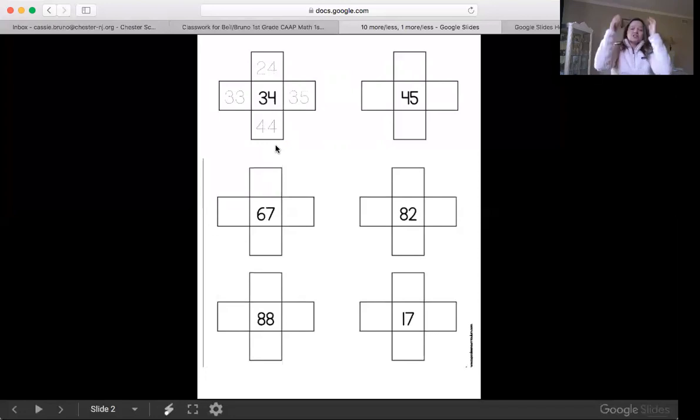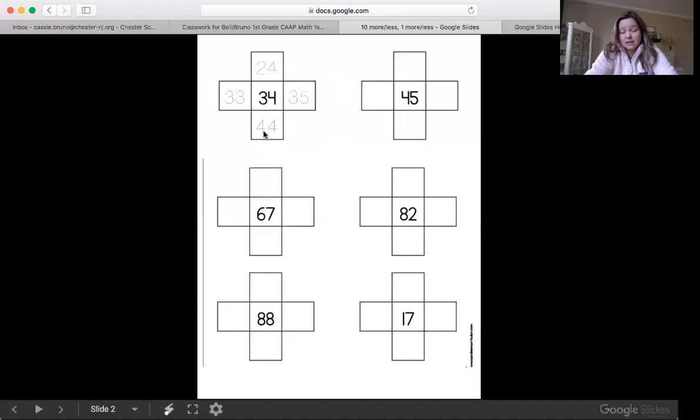As you go up, if I take my weights off, it's getting lighter. My numbers are getting less, okay? So up top would be 10 less, and down below would be 10 more. So looking at that tens place, again, the 3. So 10 less would be 24, 10 more would be 44.